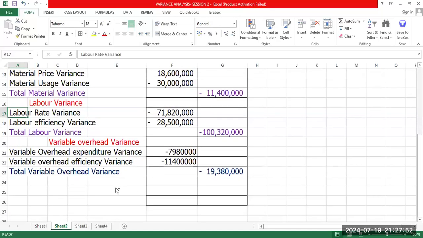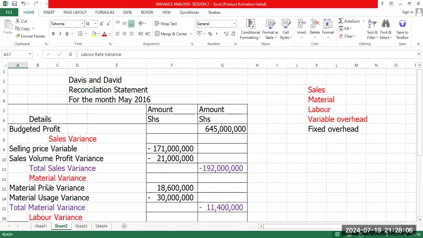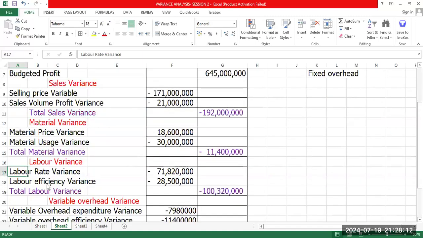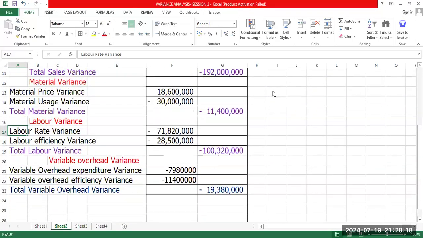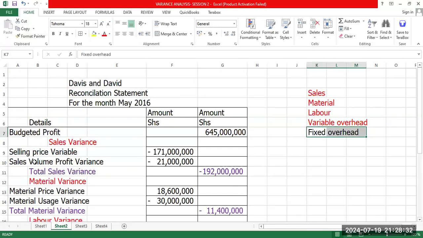So the burden we have now is to sum up and get the total. In the question, we cannot put fixed overhead expenditure variance, then also fixed overhead volume variance.